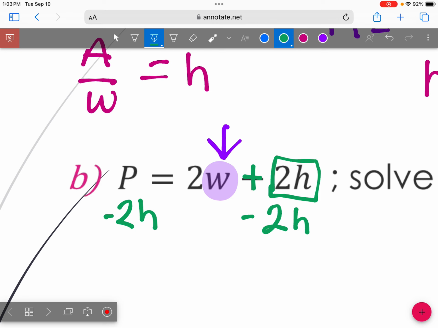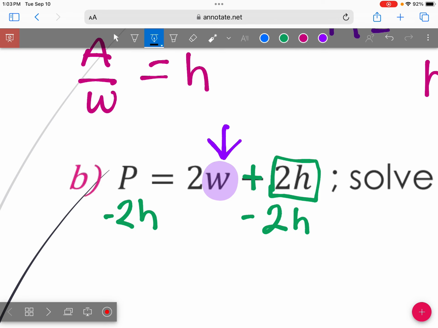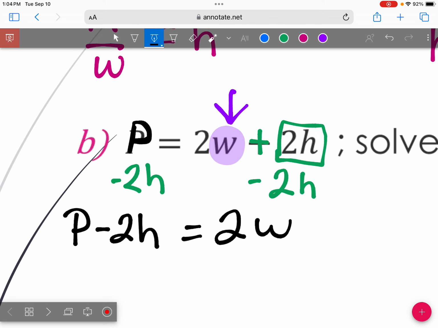Oh, we have what on the left side? Yeah. What did we forget? P minus 2h equals 2w. Still trying to get that w by itself. Now what do I do?